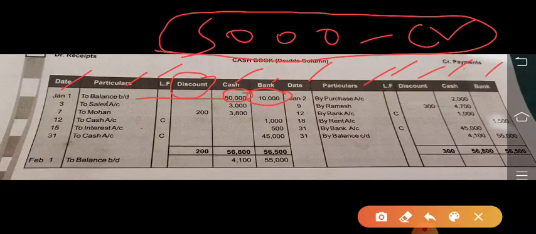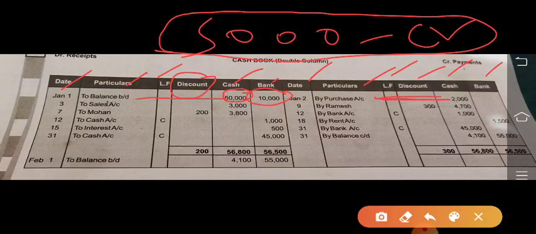The only transaction that will be recorded in cash book is purchased goods in cash rupees 2,000. Since cash is going out, we'll write on the credit side 'By purchases'. The rule I guess you have already gone through.